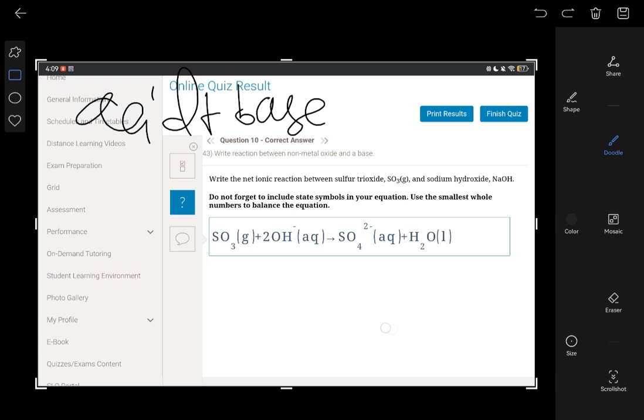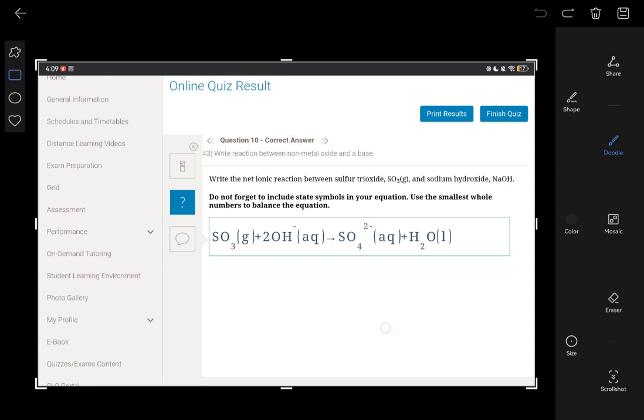So look, SO3 plus a base. Acid plus base gives you what? Gives you salt and water. The salt is going to be a sulfate salt because one of the H's goes with it. I'm going to write the full equation, no ions.